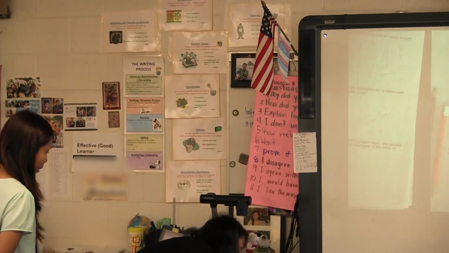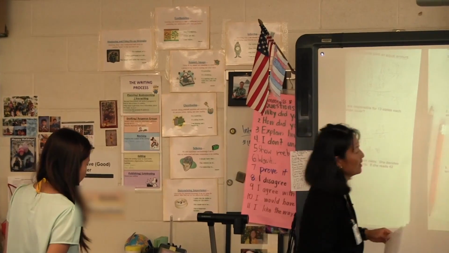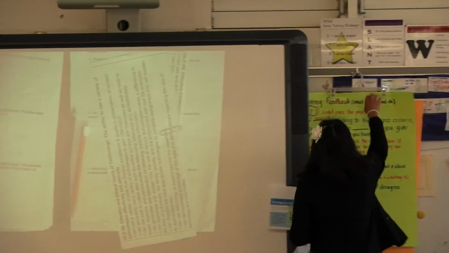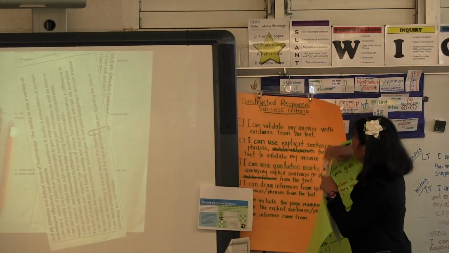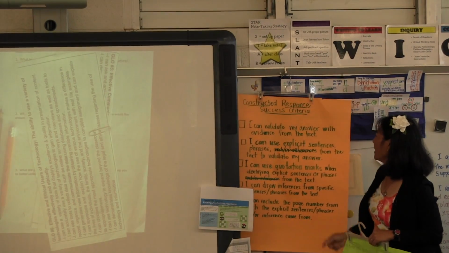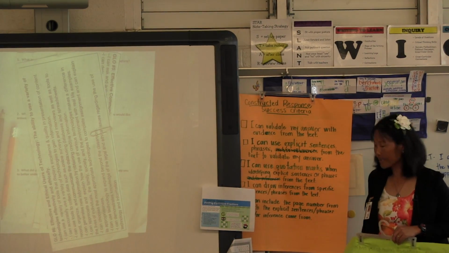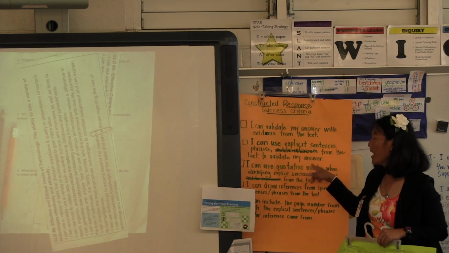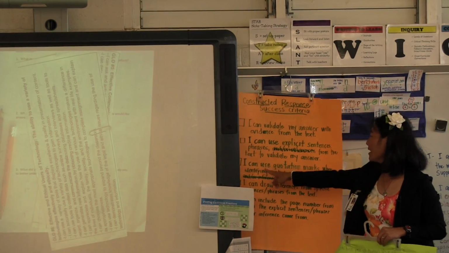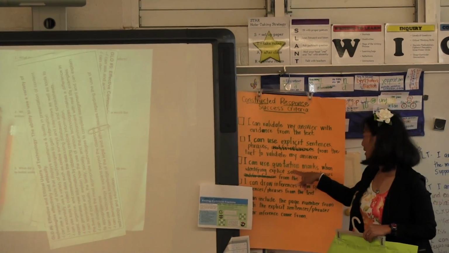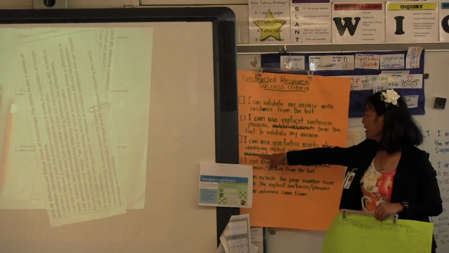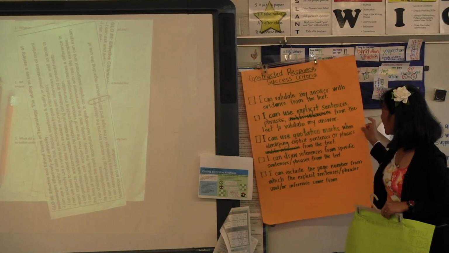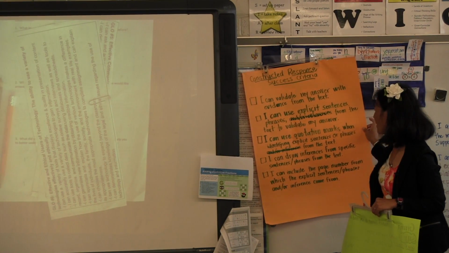The success criteria. And here's the success criteria. Yeah, I can validate my answers with evidence from the text. I can use explicit sentences, phrases from the text to validate my answer. I can use what? Quotation marks when identifying explicit sentences or phrases from the text.